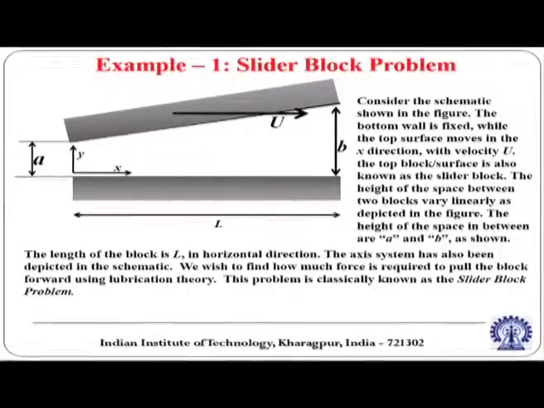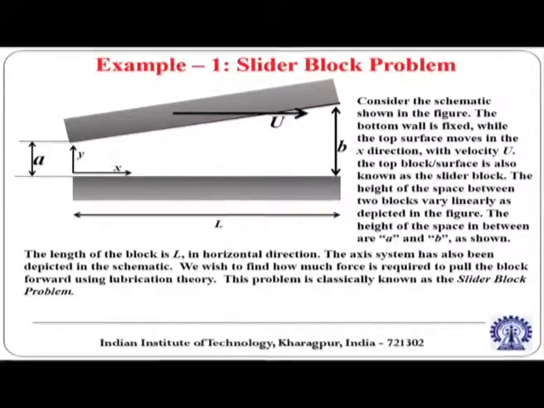Had the top plate not been moving, the physics of the problem would not have been described in this way. The top block or surface is also known as the slider block. These are certain engineering terminologies, but it is important to know about them.